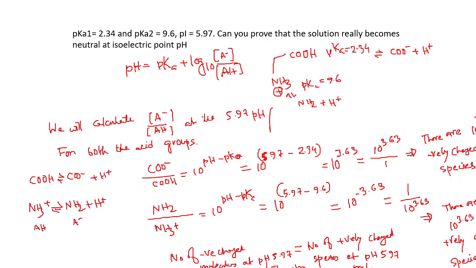The solution is neutral, which is the definition of the isoelectric point. So this is how you can mathematically prove that at the isoelectric point, the solution becomes overall neutral.